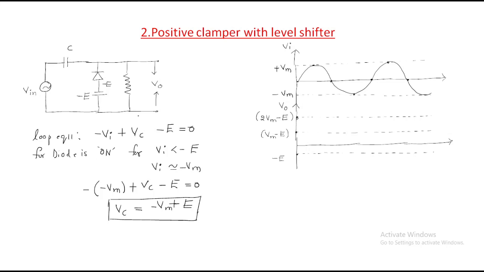If the diode is off, then we can write the output voltage. When the diode is off, the circuit becomes like this. This is the supply and the capacitor, and the diode will be off.